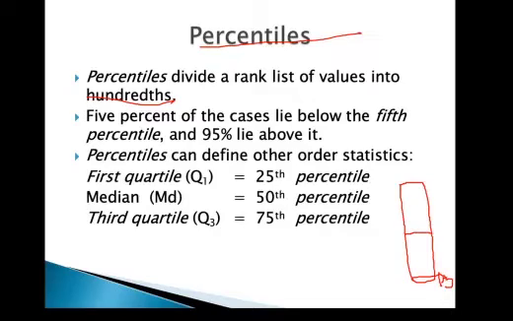The first quartile is also called the 25th percentile, the median, the 50th percentile, the third quartile, the 75th percentile, the 6th decile, the 60th percentile, the 8th decile is also called the 80th percentile.